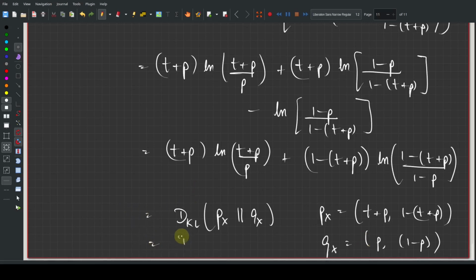So I'll represent this as, just for convenience, t plus p. Okay, so this is one of the best possible Chernoff bounds that you can obtain, right?